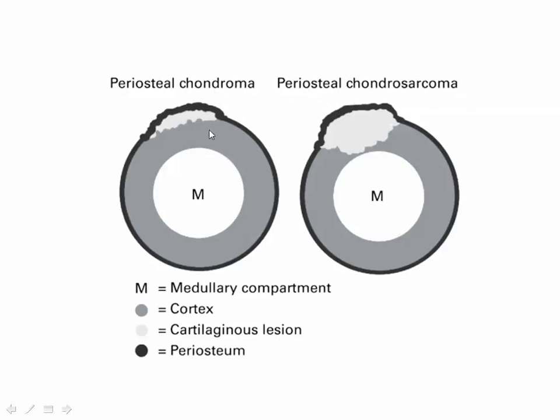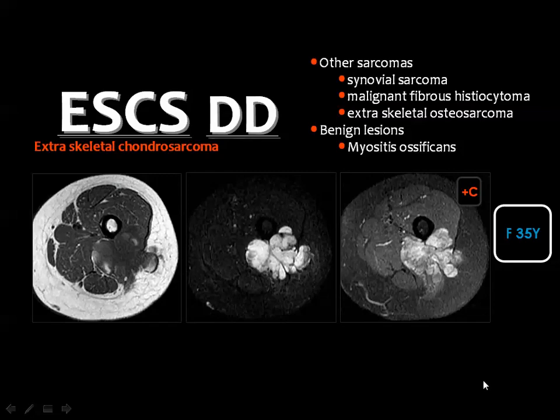And you see here that the tumor is relatively more sizable in chondrosarcoma. It involves a good part of the cortical thickness in chondrosarcoma, and there may be some periosteal reaction in both conditions. Then this is in extraskeletal chondrosarcoma, and these are the differential diagnoses.